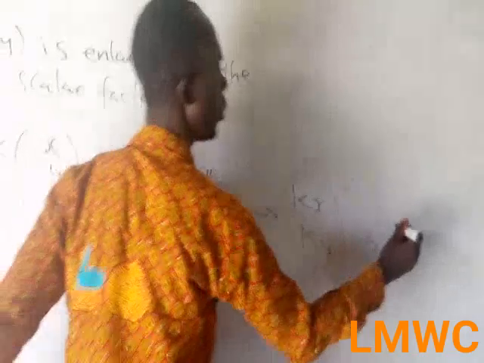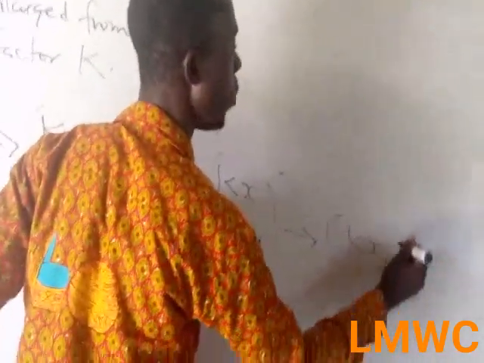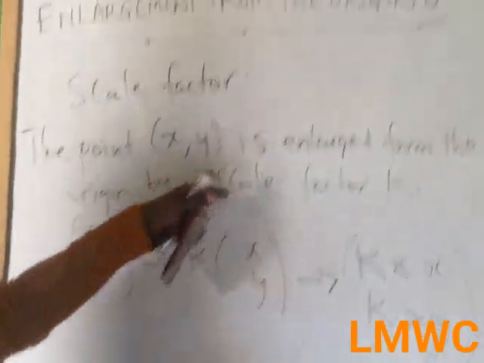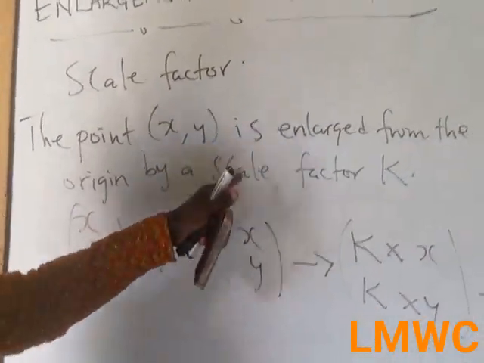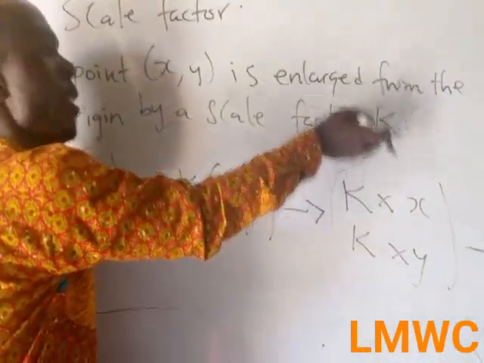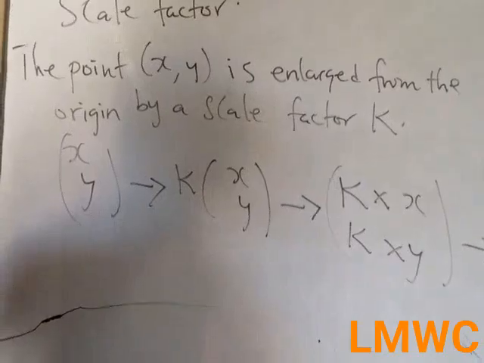So (x, y) maps to (kx, ky). That's our image. So always, if you are given a scale factor, you multiply the scale factor by the coordinates.